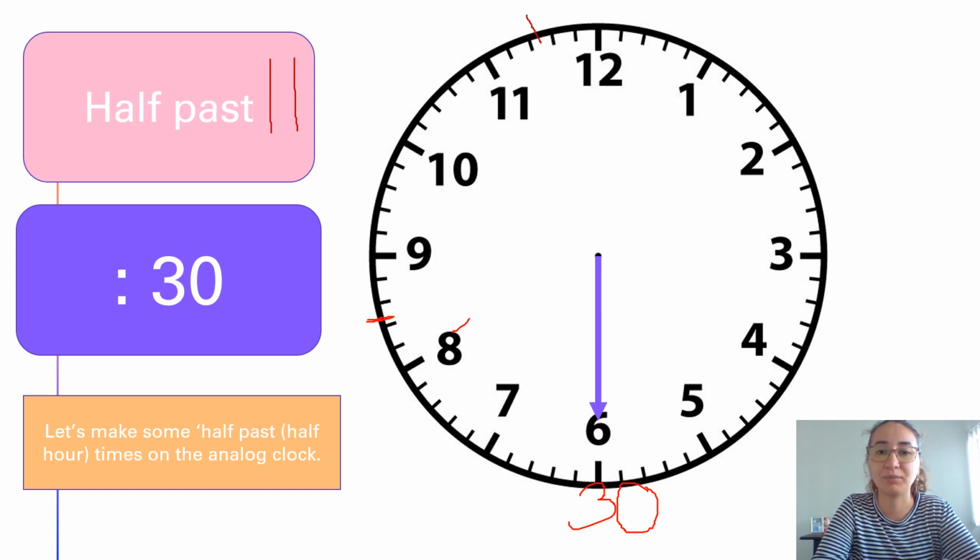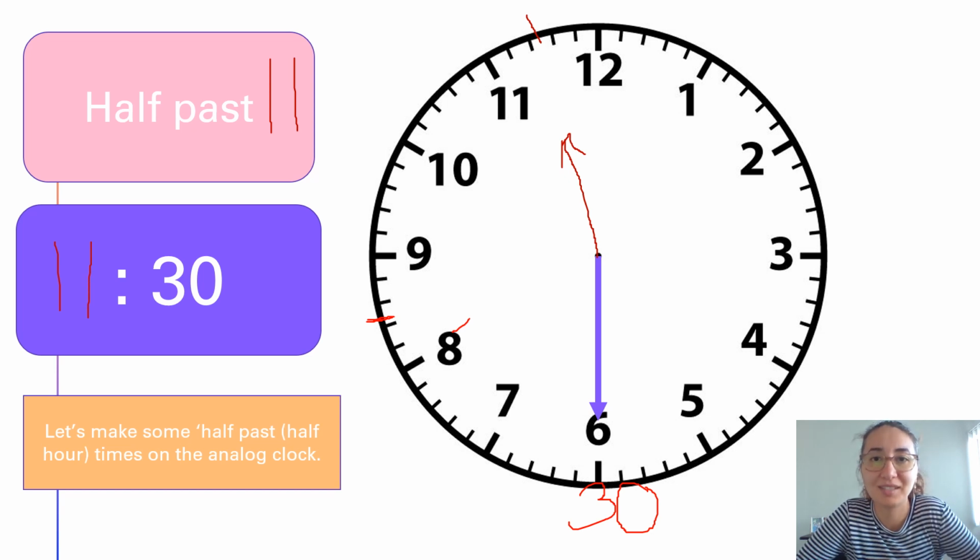So here's half. So we're pointing it and aiming it in that direction. And there it is, 11:30. And then when we look at digital time, it's very important, purple bubble guys, 11 will go here. And it looks like that, 11:30. So 11:30.